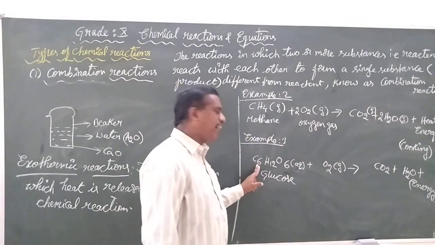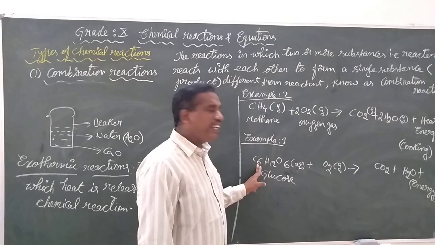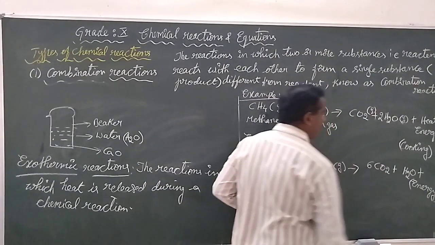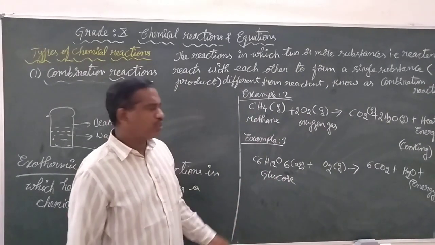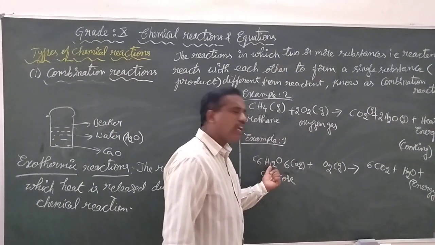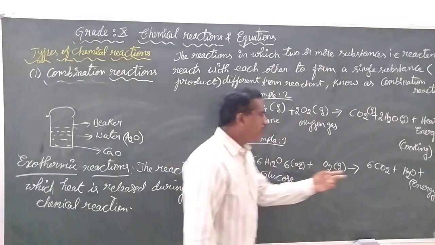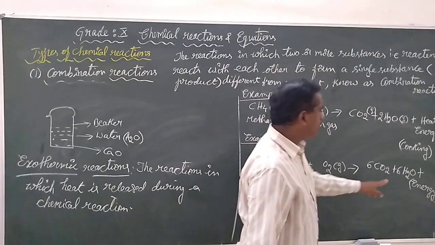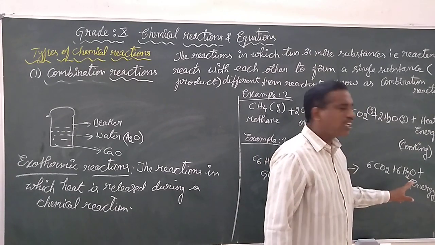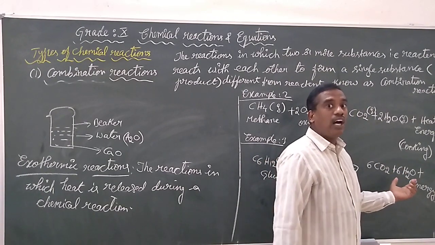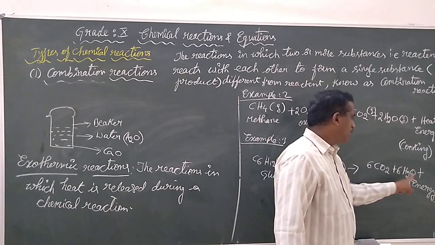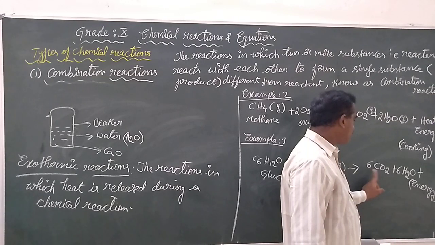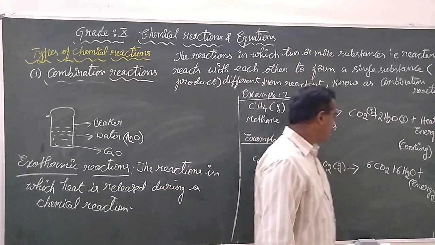How many carbons do we find on the reactant side? We find 6 carbons on the reactant side. So let's place 6 here to balance the carbons. How many hydrogens do we have here? 12. But here we have only 2. So shall we make this 6? Now 6 2s are 12. On the product side, how many oxygens are there? 6 oxygens here, and 6 2s are 12.